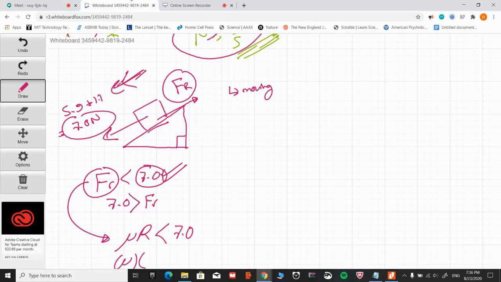Now we can't say that friction was less than or equal to 7, because if it were equal, it would not move like that, right?